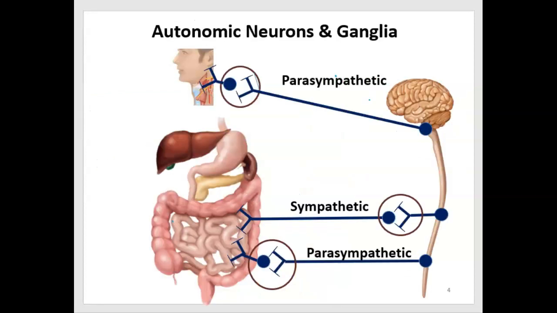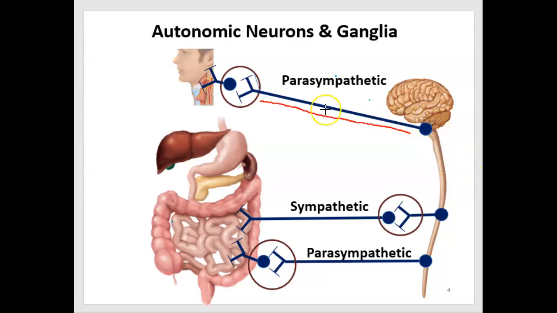And I also mentioned that one difference between somatic and autonomic is that there are two neurons in an autonomic pathway. So we'll take this first example on the top here. I have a parasympathetic pathway listed first up on top.